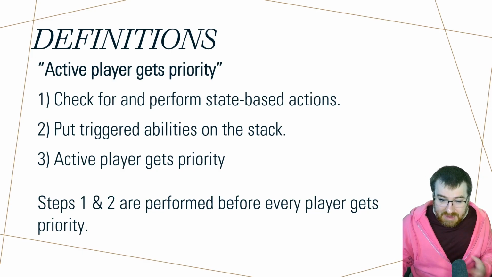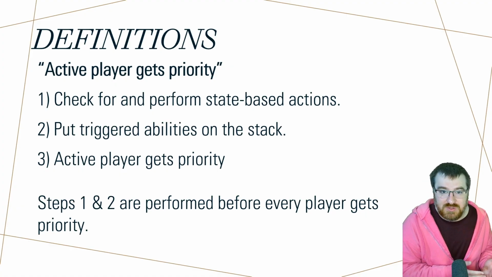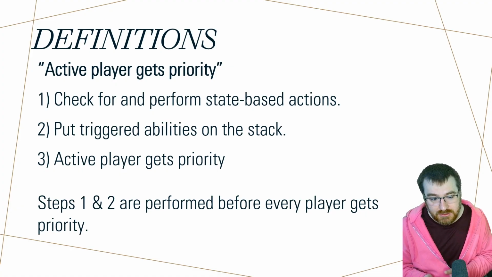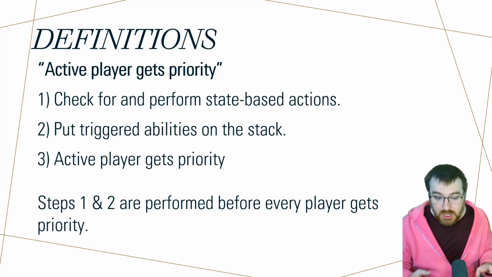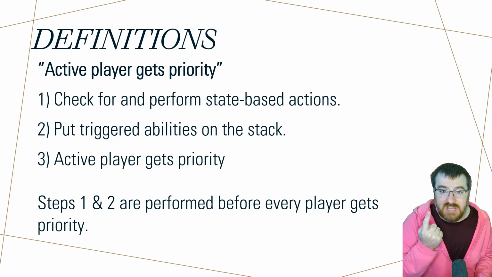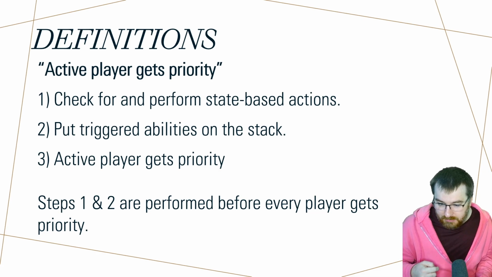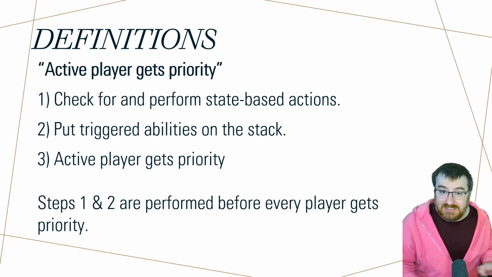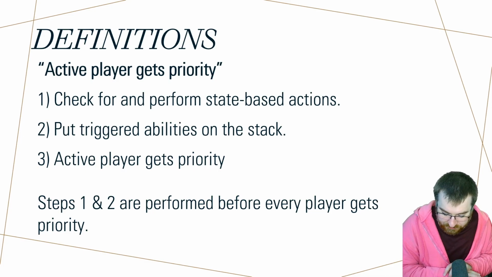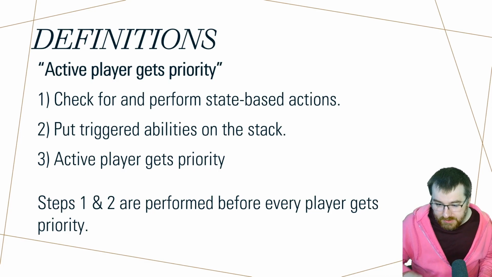Immediately after that spell resolves, the game will check to see that some number of creatures have both +1/+1 counters and -1/-1 counters. So as a state-based action, we will remove as many counters as we need for there to only be one type of those counters on it. And all those actions are performed at the same time. So even if multiple creatures have this happening, it will perform it for all of them at the same time.